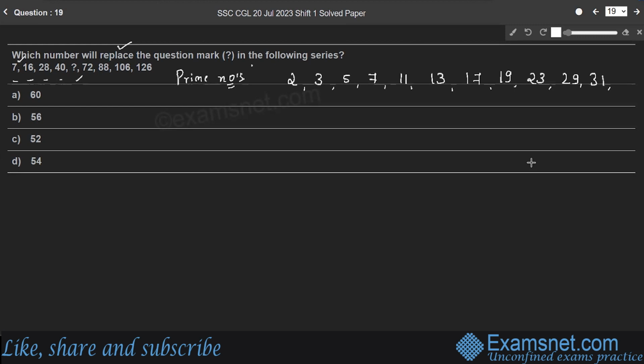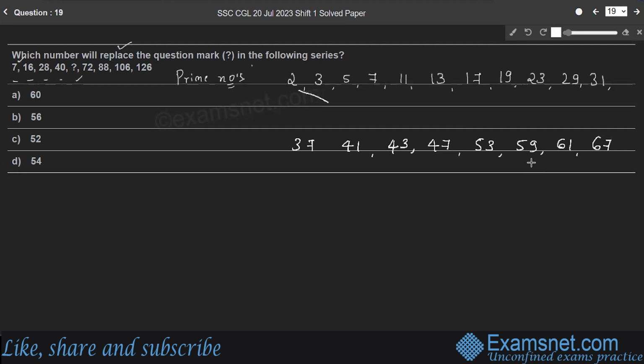Next comes 37. Next is 41, 43, 47, 53, 59, 61 and 67. Why are we taking all these prime numbers?